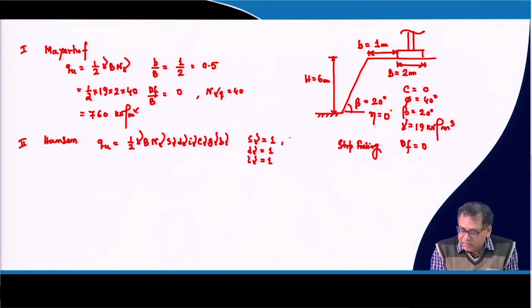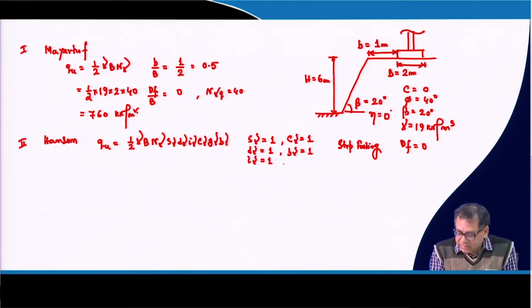Then C gamma, compressibility, those values are not available, so we assume it is rigid. Even the phi is 40 degrees, so definitely it will be a general shear failure. So C gamma will be 1. Then it is not a tilting base, so B gamma will also be 1.